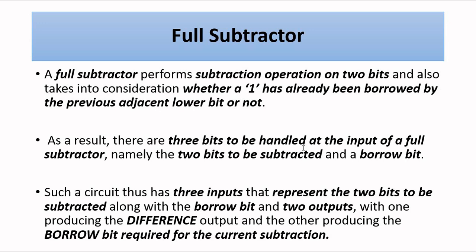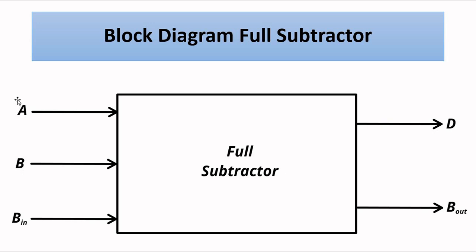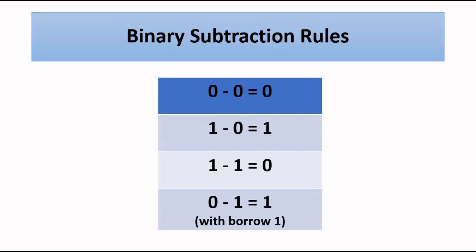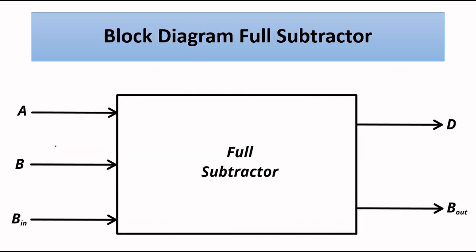So in full subtractor, there are a total of 3 bits at the input side: the 2 bits that are subtracted, minuend and subtrahend, and this third bit, which is the borrow from the adjacent bit, taken at the input side.